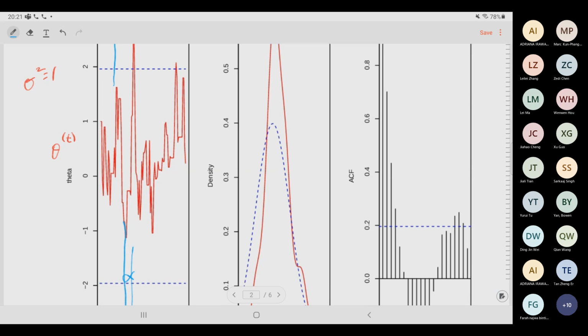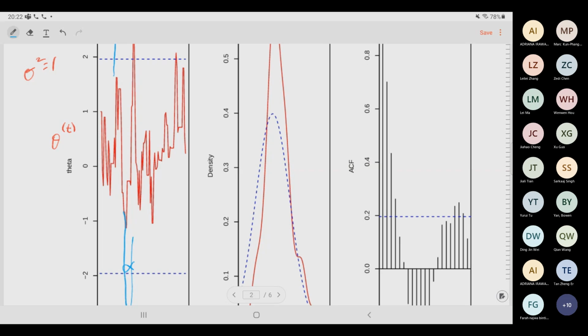Okay, so when you choose your sigma square, you have to find the balance, not too small but not too large. That is usually done by trial and error. Here we know the answer, but in a real application, we don't really know the true value of the sigma square.